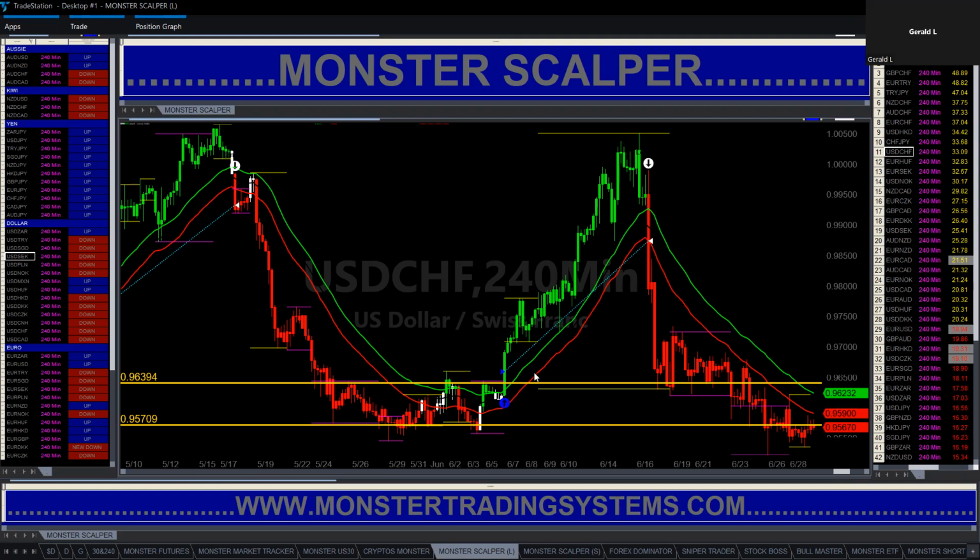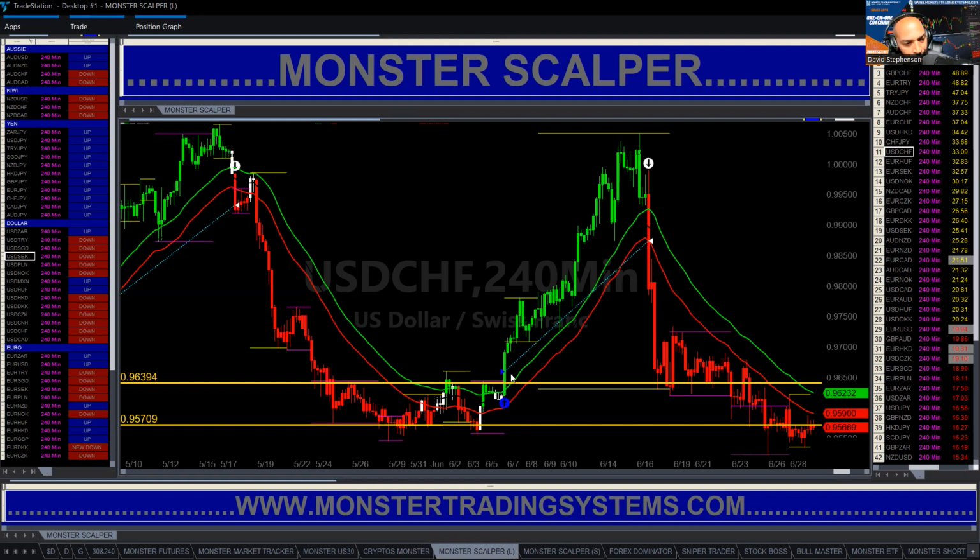Okay. So always remember that first candle, that first break. If you guys notice, that's a big candle. When you look at the candles, the size of the candles will give you a clue as to how much buying you've got.